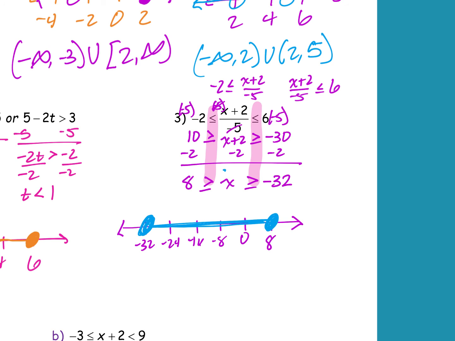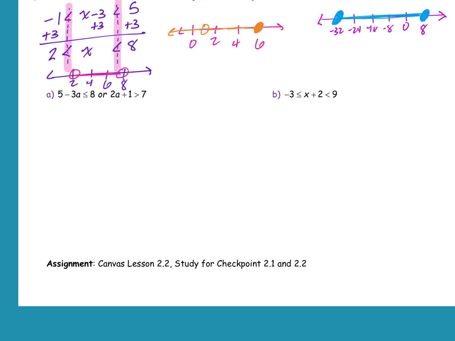Because if I read it this way, this says x is less than 8 and x is greater than negative 32. Are you okay with that? Are you sure? It's okay.